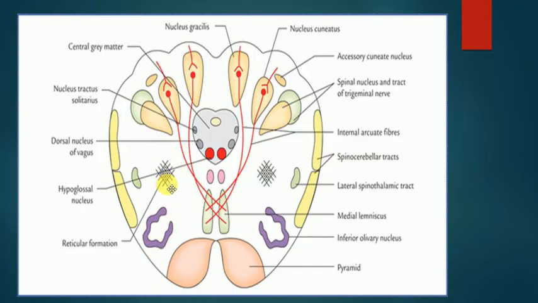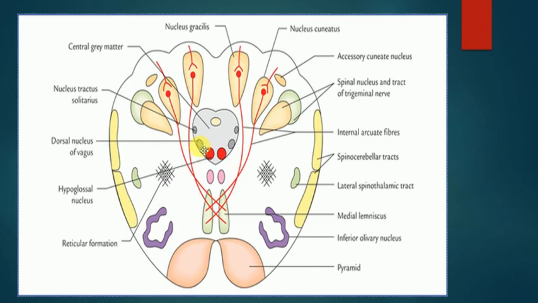Here we can see the reticular formation, and here is the medial lemniscus, and nuclei of gracilis and nuclei of cuneatus. Here are the internal arcuate fibers. Central gray matter. Nucleus tractus solitarius.